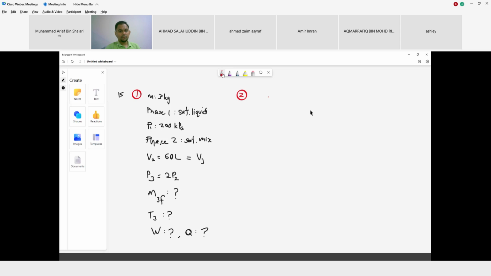Okay, next, step number 2, draw the PV diagram. In this case, pressure is given. We have pressure 1 equal to 100 kilopascal. Draw the diagram because pressure is given, right? So pressure is given, so we draw the temperature versus specific volume diagram.